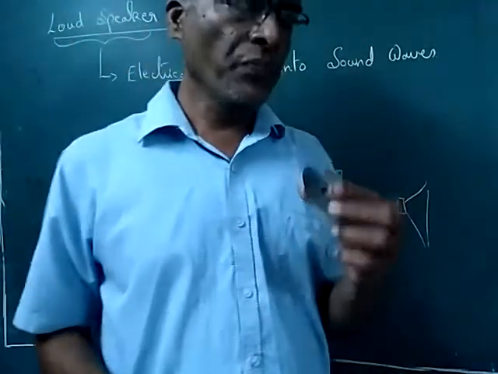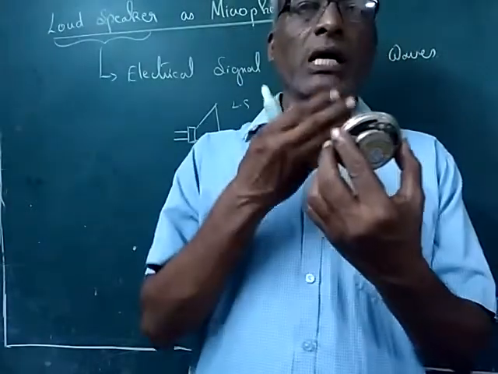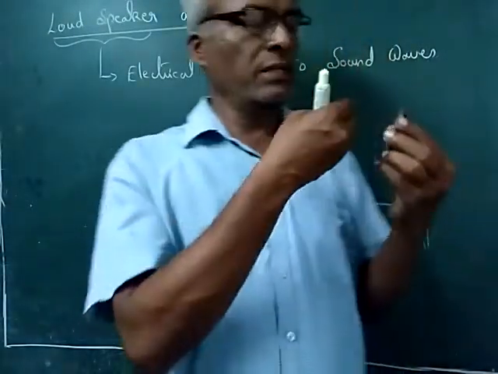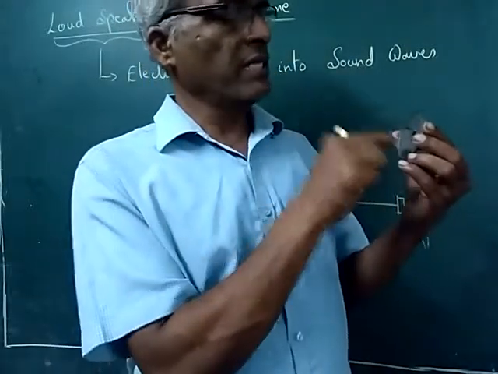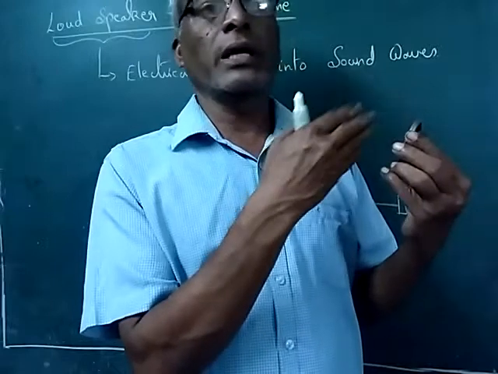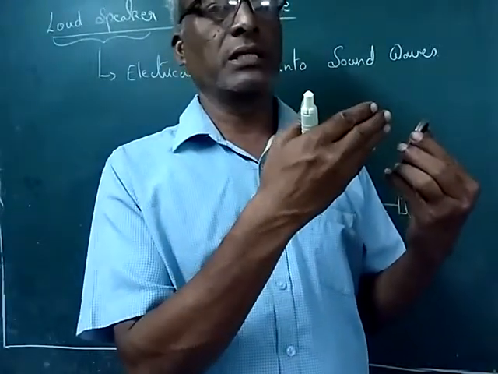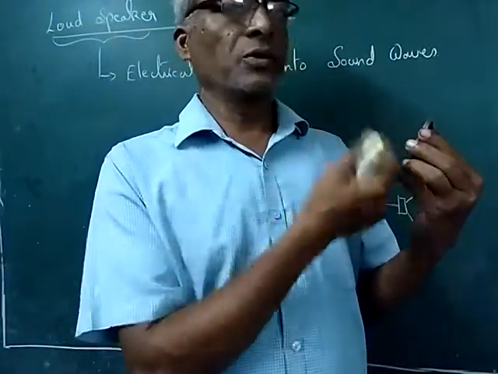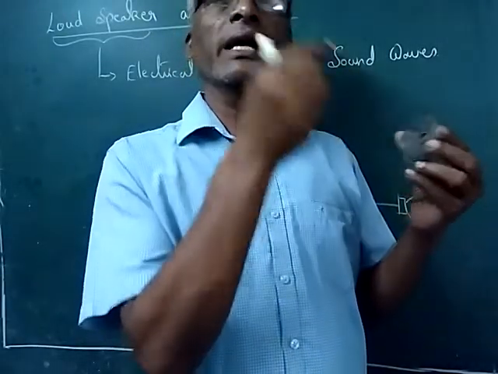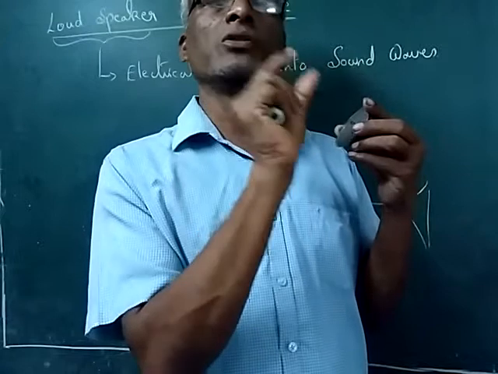That means when you start speaking or sing a song, the sound waves travel and strike the cone paper. So the paper will try to oscillate according to the sound waves. When it oscillates, the coil inside will also oscillate.